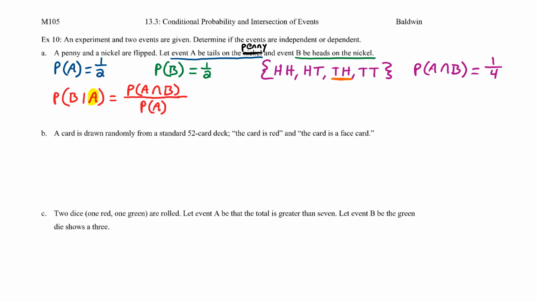When we substitute in, we have the intersection, which is 1/4, over the probability of the penny landing on tails, which is event A. So we have 1/4 divided by 1/2, and now we want to simplify this.